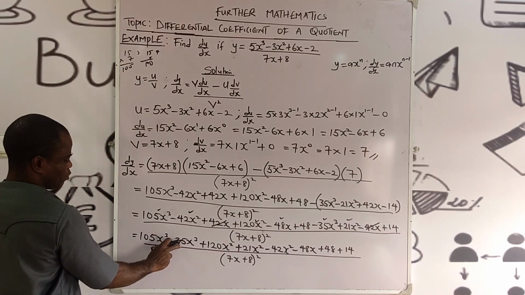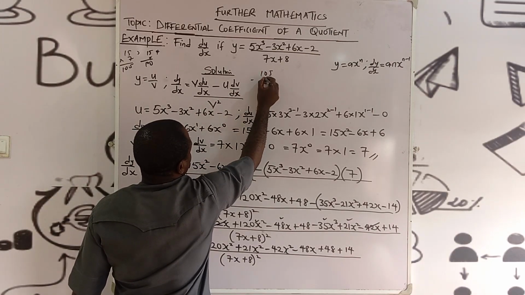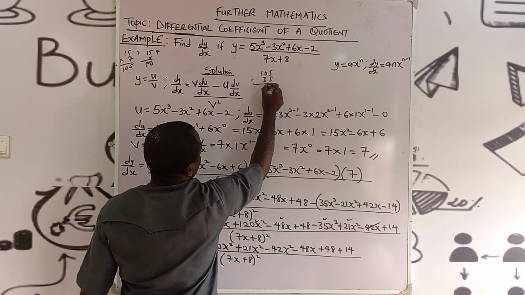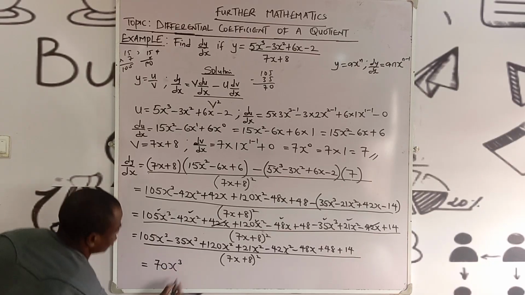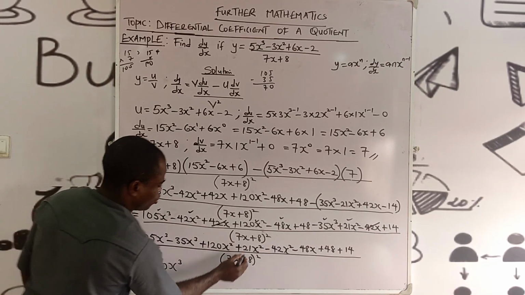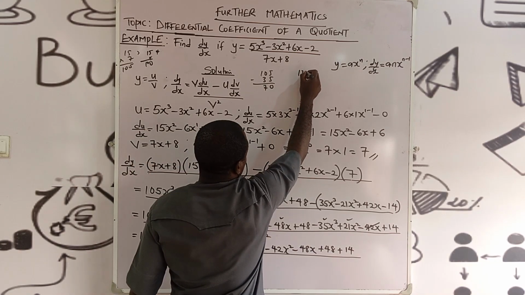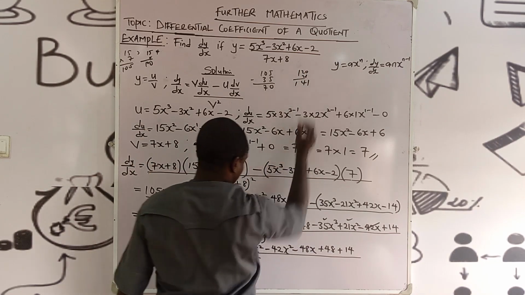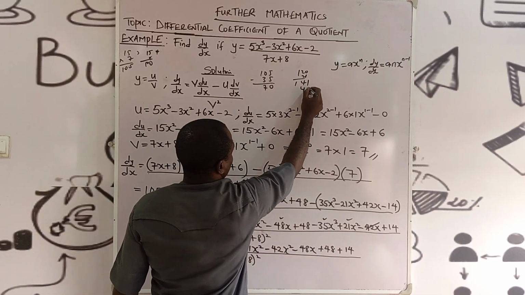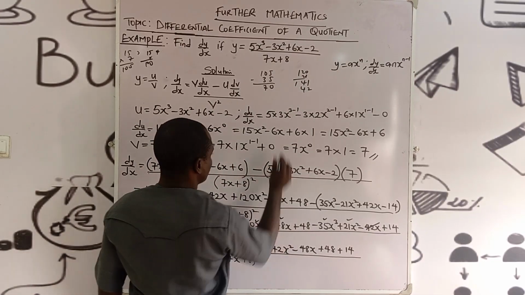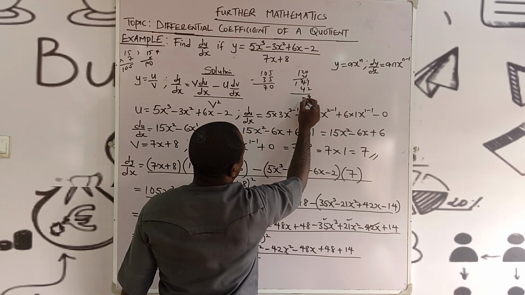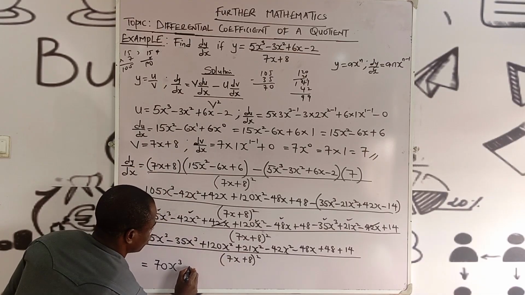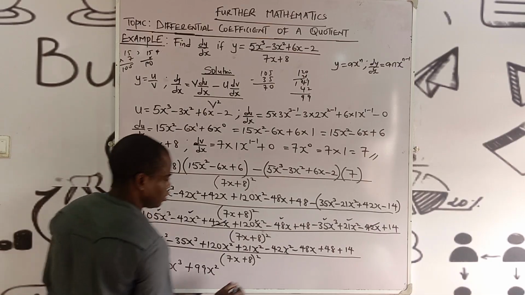105 minus 35: 5 minus 5 is 0, 10 minus 3 is 7, that's 70x raised to power 3. 120 plus 21 is 141, minus 42. Borrow 1, that's 11 minus 2, that's 9, 13 minus 4, that's 9, so plus 99x squared.